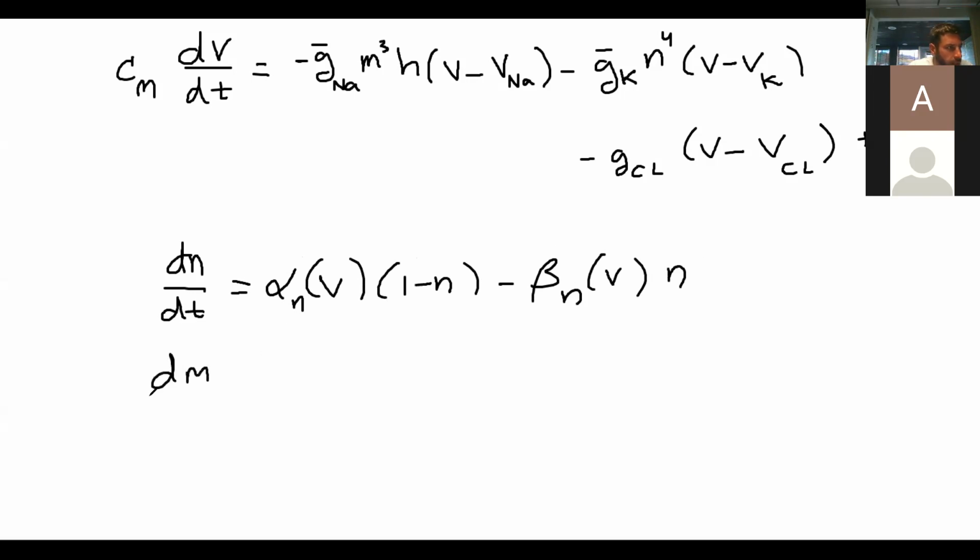Then you have dm dt, and it's some expression times 1 minus m, minus some other expression that we're going to denote beta m of V.